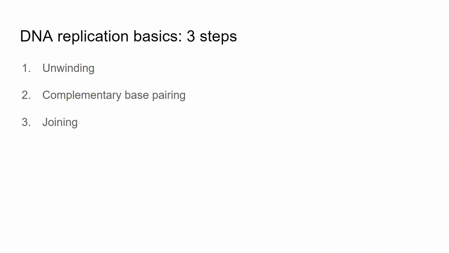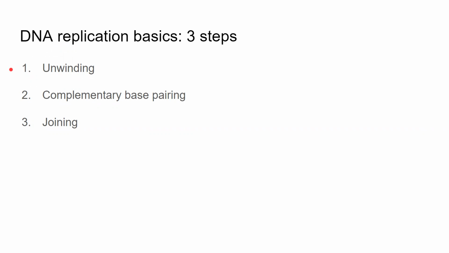And then later on, you should learn what happens in detail in each step. These steps are going to serve as your outline. So if you are learning replication, you start getting confused, I want you to be asking yourself, what step am I in? And then I want you to ask yourself, what proteins are being used during that step? We'll go into that in just a minute, but first let's just talk about this.